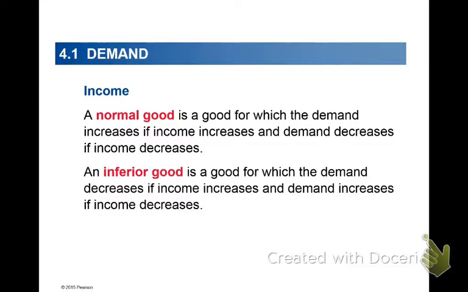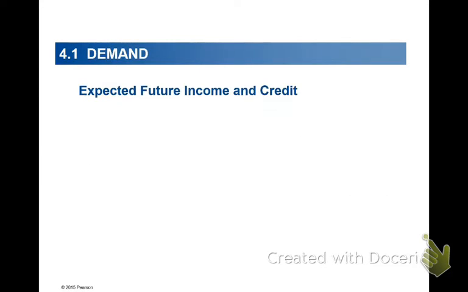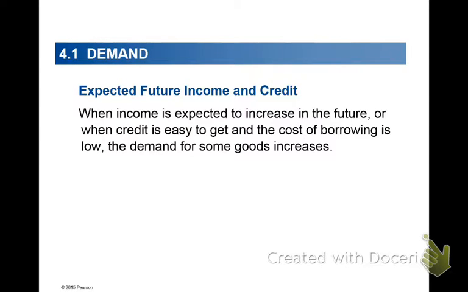So okay, expected future income and credit, that's also very interesting. So you are thinking that in the future your income might go up. So what do you do today? This idea is critical because in the second component of this course, we are going to talk about savings. Savings and how much we buy from the market are intrinsically connected.